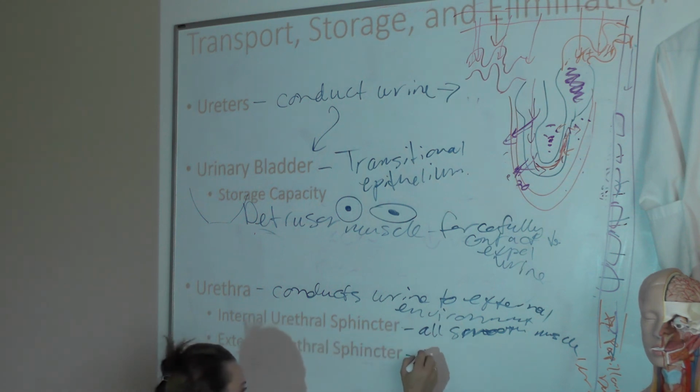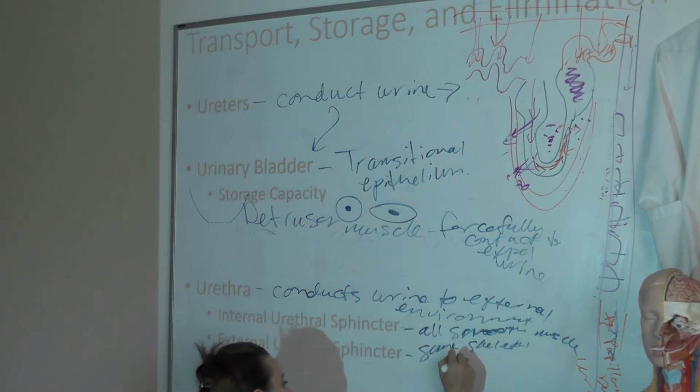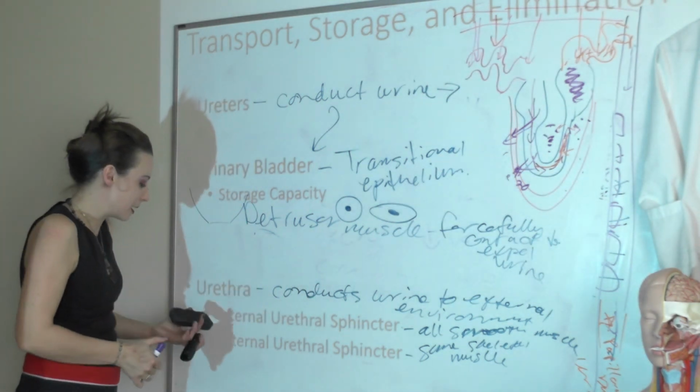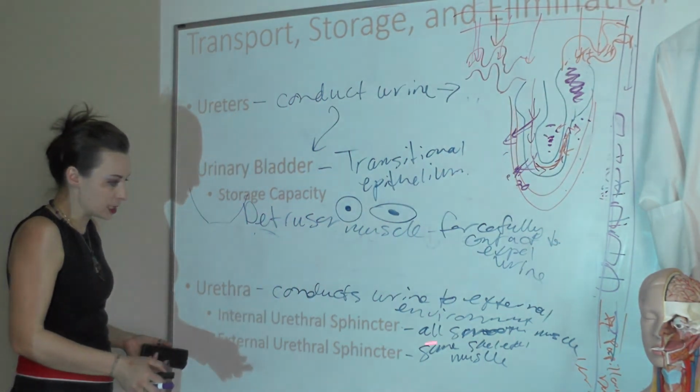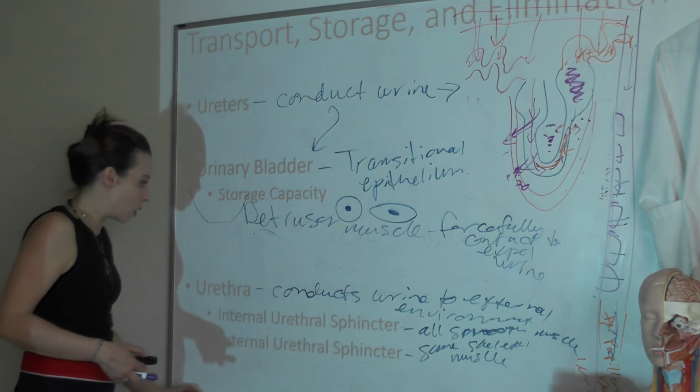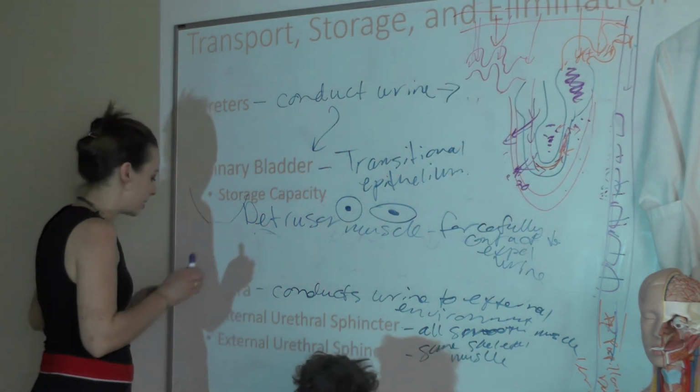The external urethral sphincter has some skeletal muscle. So you can train this so that you can be potty trained. What you're doing is learning to control those skeletal muscle fibers in that external urethral sphincter so that you can hold it until it's convenient to void.